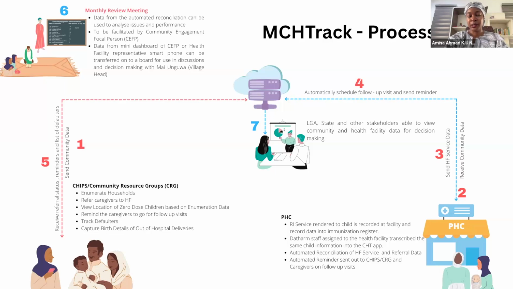So when they go there, instead of doing the administrative task of going through registers, trying to find out who defaulted, that has already been handled by the system. So what they do is discuss the reasons. They have the list of defaulters and the reasons behind defaulting. So the village head can have informed evidence-based data that he can use to target a specific non-compliant household. Next.